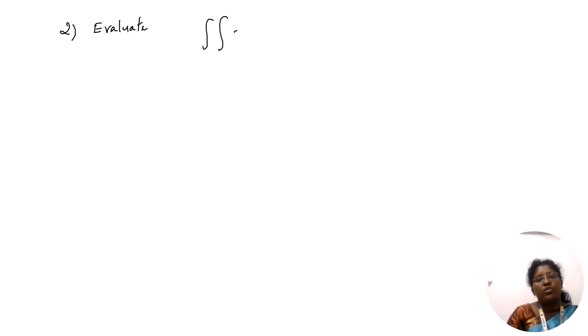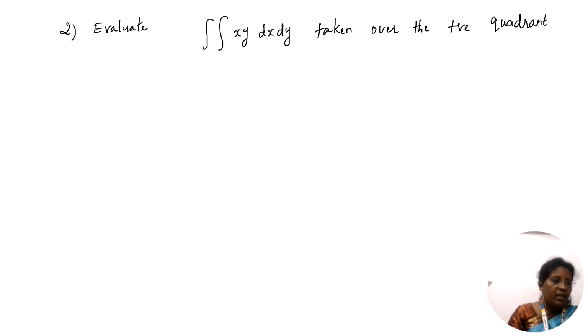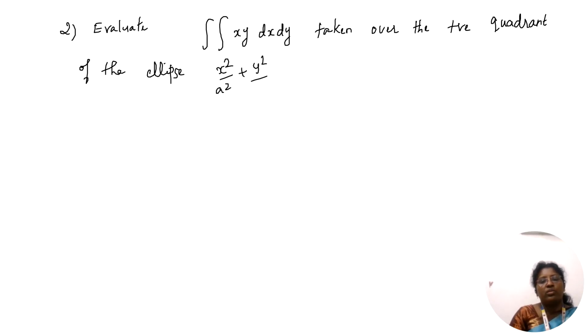Evaluate the double integral xy dx dy taken over the positive quadrant of the ellipse x square by a square plus y square by b square equal to 1. So evaluate the double integral xy dx dy taken over the positive quadrant of the ellipse x square by a square plus y square by b square equal to 1.